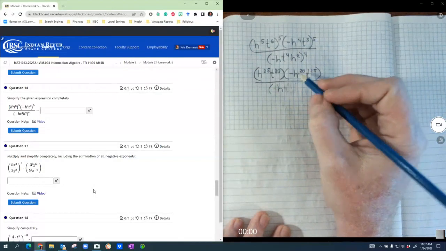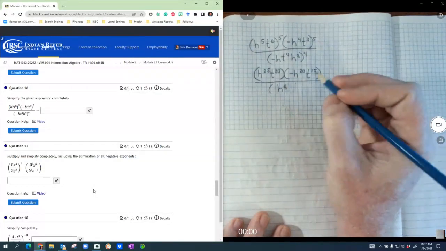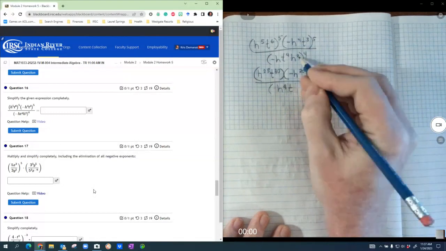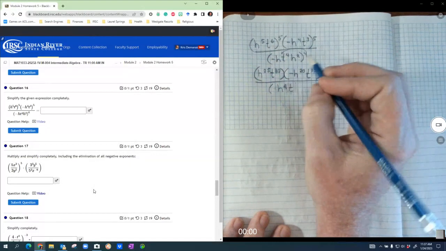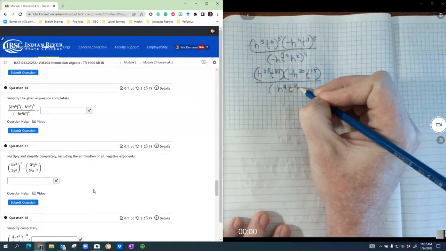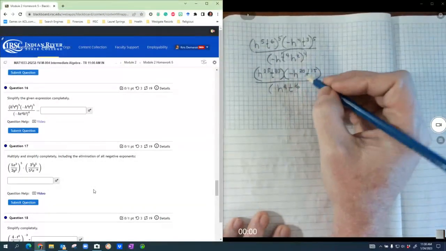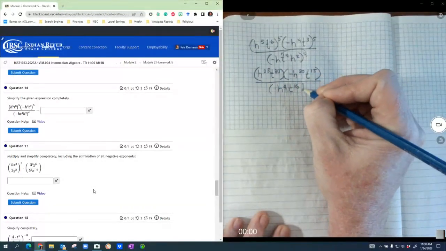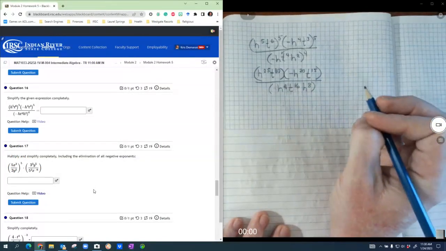And then I have h raised to the 4th power, which I'm going to take and put h to the 4th power. T, you see what I did was I brought this over to here, put it with the h. And then I'm going to get t raised to the 16th power, that's 4 times 4. And then h to the 2nd, raised to the 4th is h to the 8th power. All right, I have that.